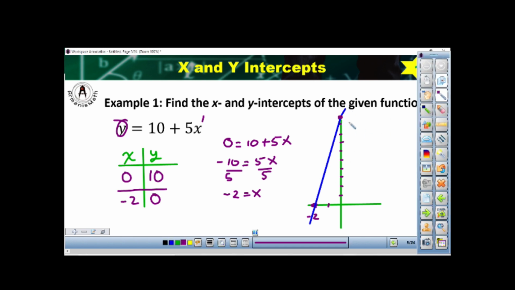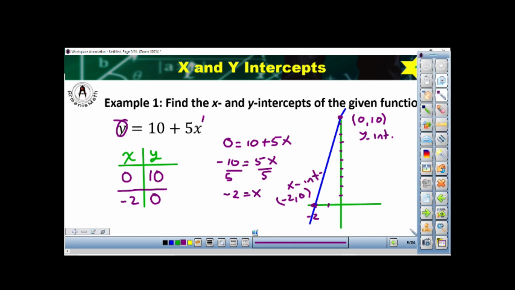You might want also to put that in a point format, like a coordinate point, which in this case is 0, 10, and you say this is the y-intercept, obviously because you're touching y at that point. And this is negative 2, 0, and you call this the x-intercept.